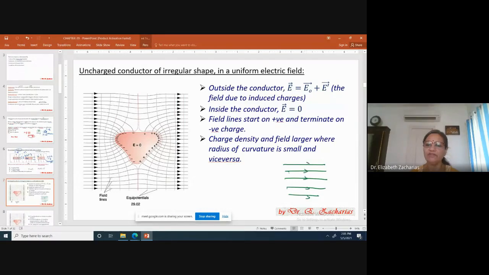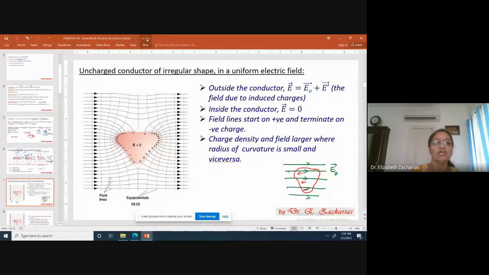Initially, the field you have applied is E naught. Then you take this piece of metal and put it inside. What should happen to the free electrons? Free electrons will all start drifting in the direction opposite to the electric field, and there is a deficiency on the other side.